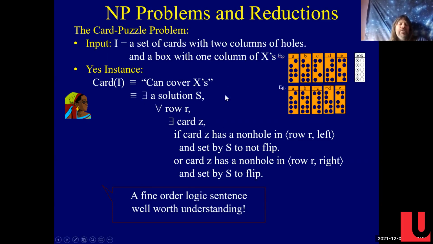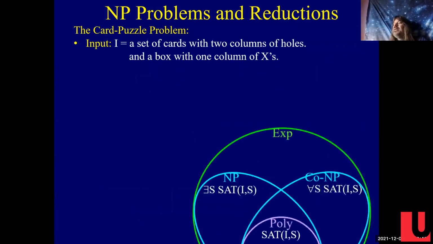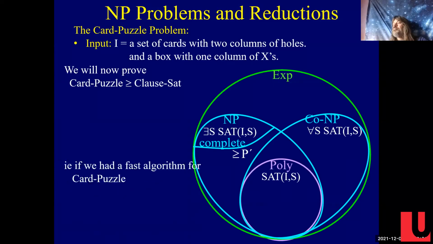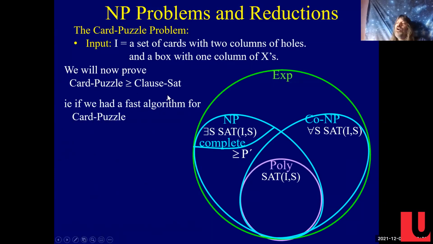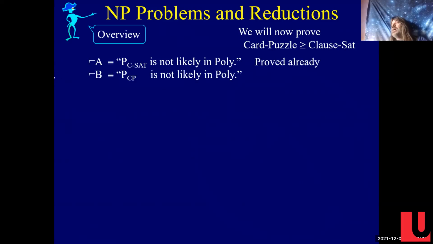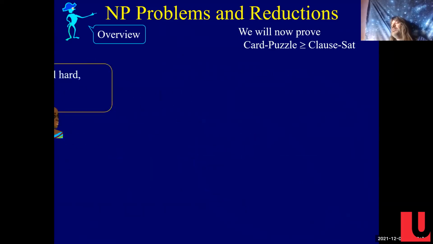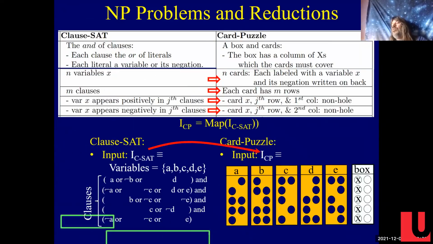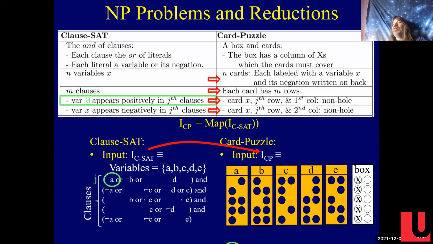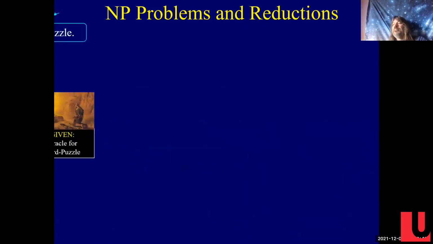And if we had an oracle to solve this problem, we would have an oracle to solve the other one, right? Right here we show that if you could solve one, you can solve the other. And if you could solve the other, you could solve one. We're not going to do the reduction, but here's just ways of showing that if you could solve one, you could solve the other, right?